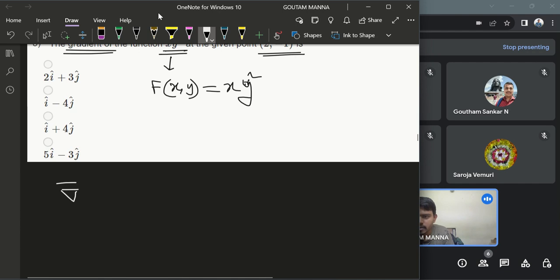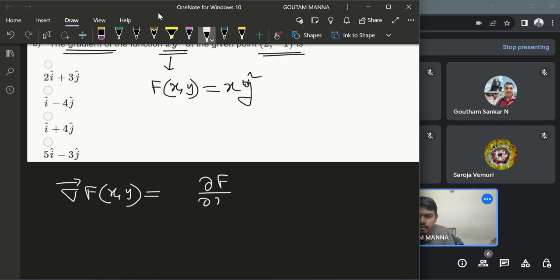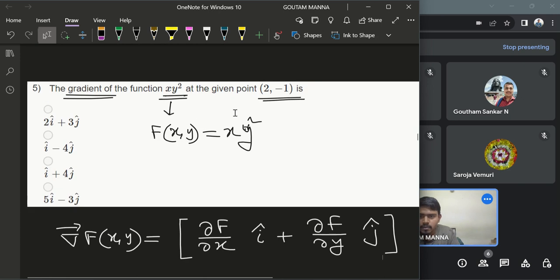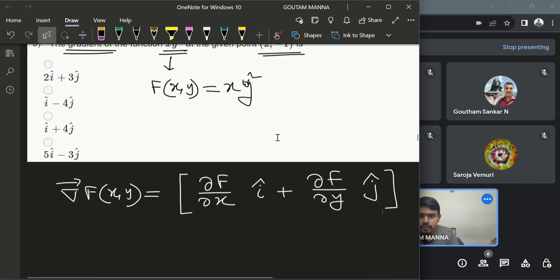So the gradient of f of x, y equals del f del x i hat plus del f del y j hat. So we basically need to find del f del x and del f del y.